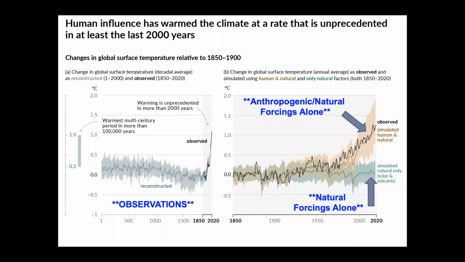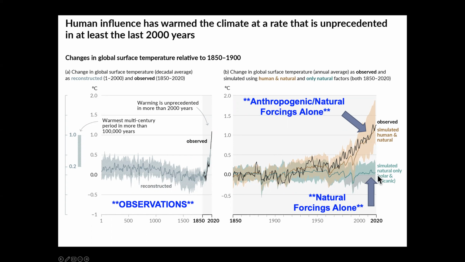And here's a really, really good example. This is from the AR6. So these are observations, meaning this is reality. This is what's been observed. So the temperatures sort of go up and down, up and down, up and down. And then in the last 170 years plus, boom, this spike in temperatures.